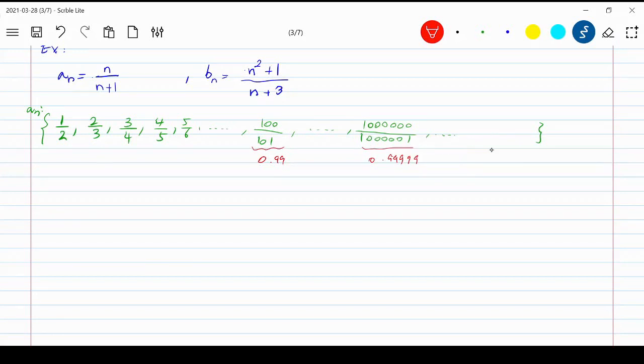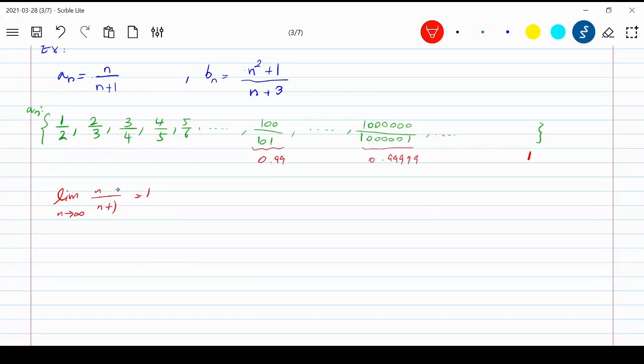As you let n be larger and larger, these values are getting closer and closer to 1. So I can say that the limit of n divided by n plus 1 as n approaches infinity is basically 1.